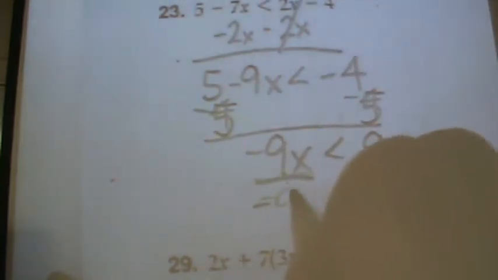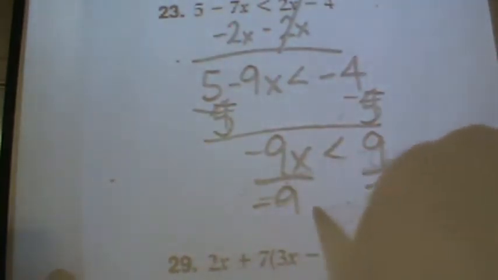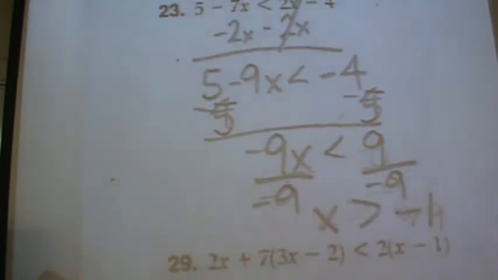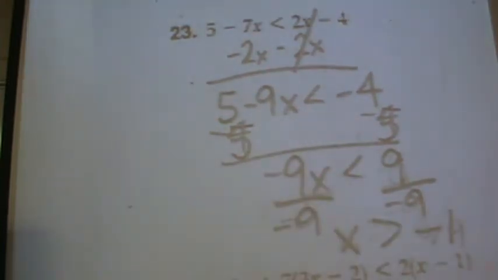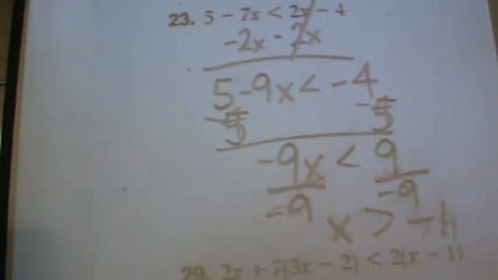Divide by negative 9. And x is, flip the sign, greater than negative 1. Be positive 1. That the 9 is negative. Negative 9x. Oh, this is negative 9, yep.